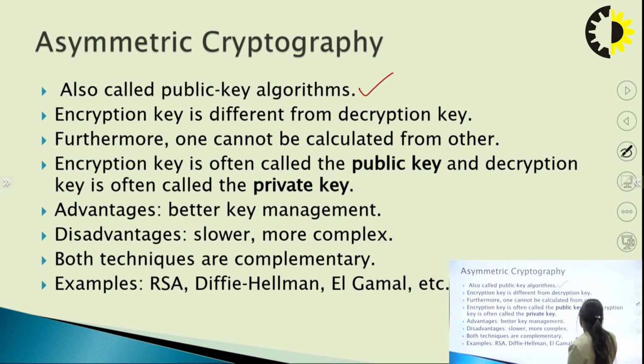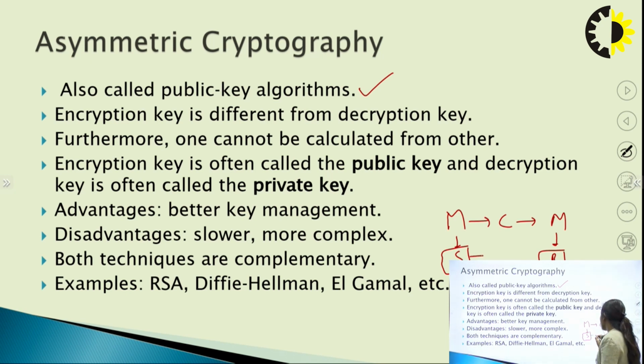I can show you through an example. You are sending a message. Here is a sender and here is a receiver. The sender is sending the information through the encryption process, right?